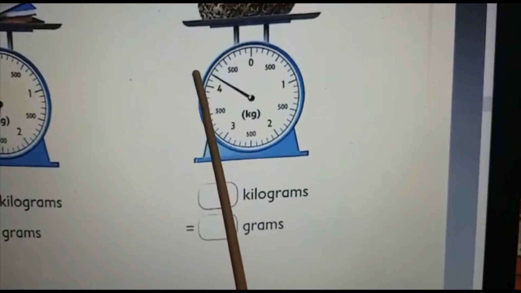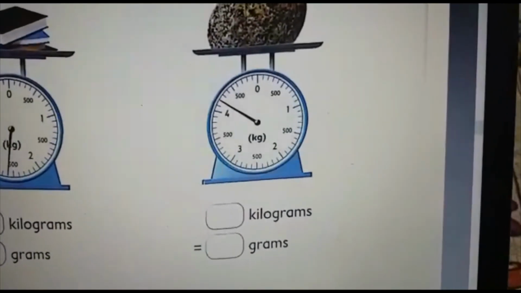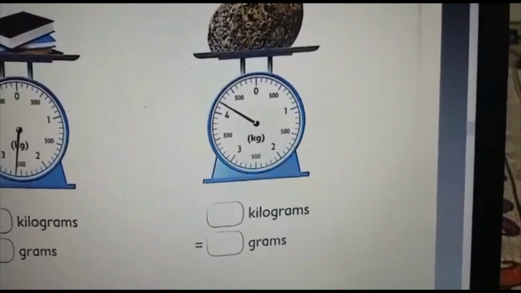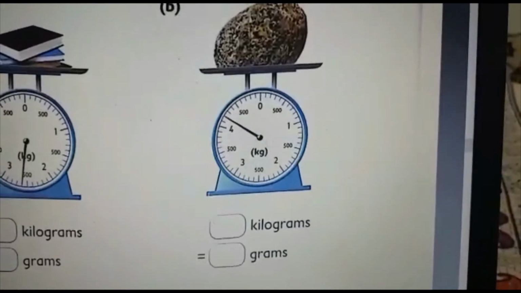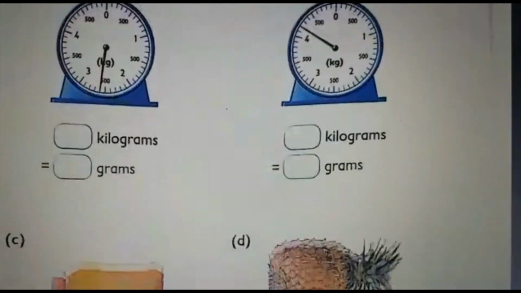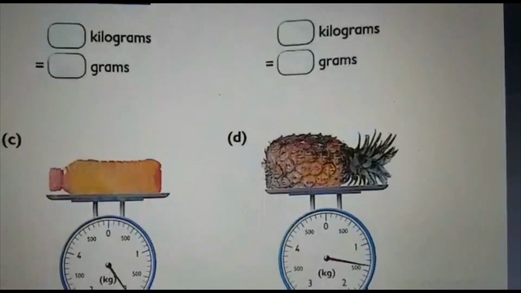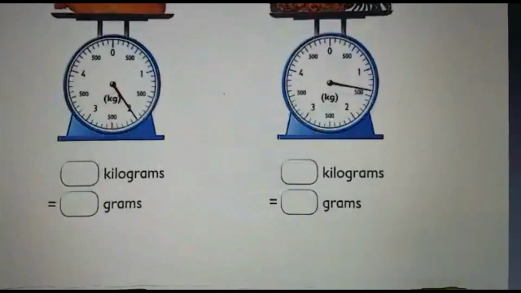Then after that 4100, 4200. Okay. 4200 grams. Or we can say 4.2 multiplied by 1000. So it is 4200 grams. Okay. The same way you do questions C and D also. Look at the measure first and you can do.